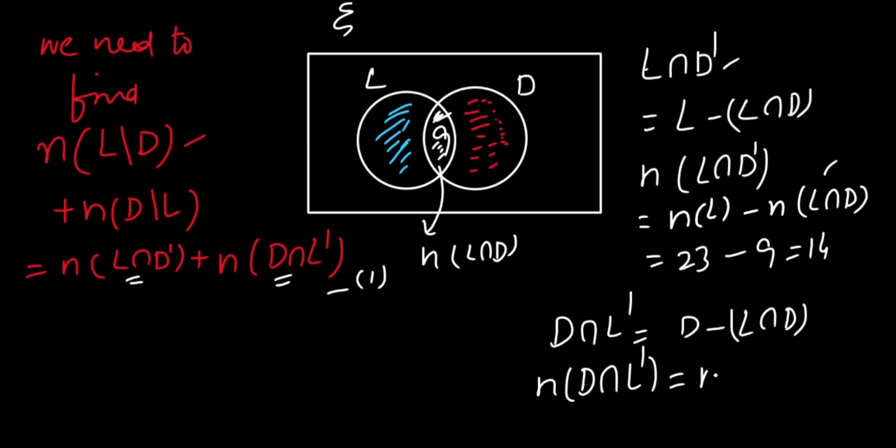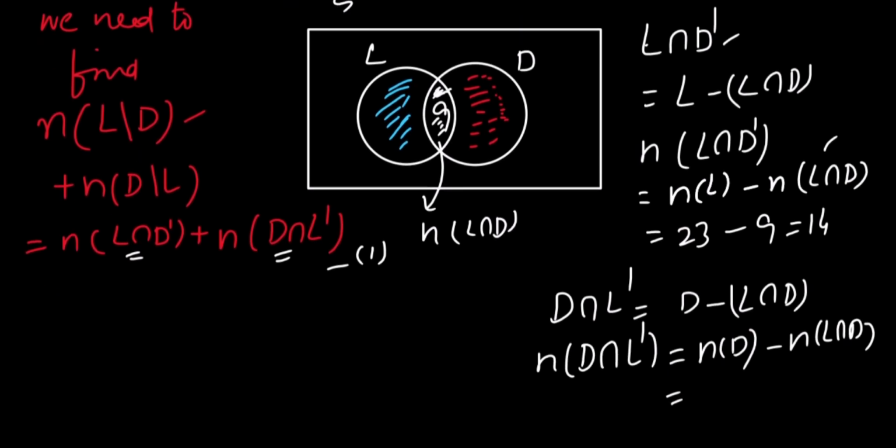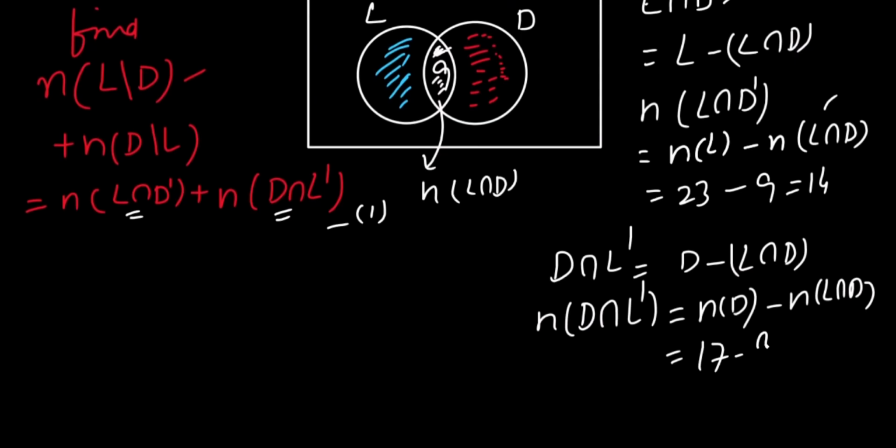This becomes N of D minus N of L intersection D here. The total number of people having desktop are 17 and common are 9. 17 minus 9 is equal to 8. So plugging both of the values here, we have 14 plus 8, which is equal to 23. This is the detailed procedure.